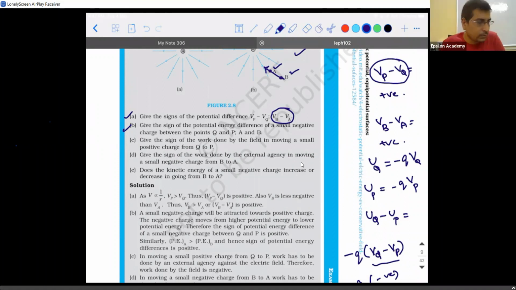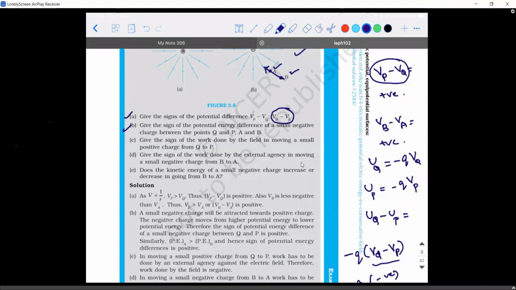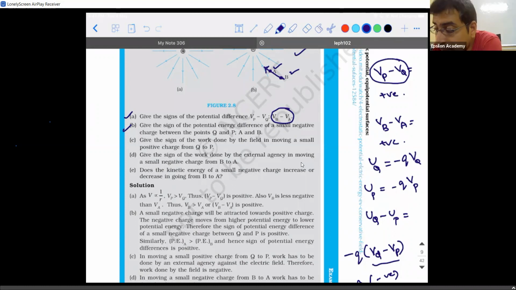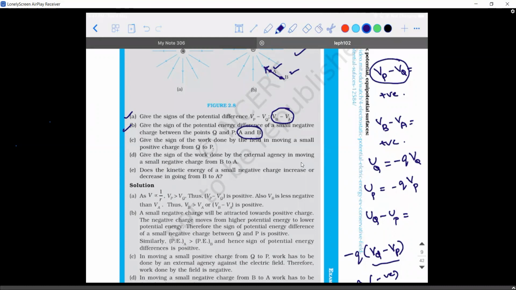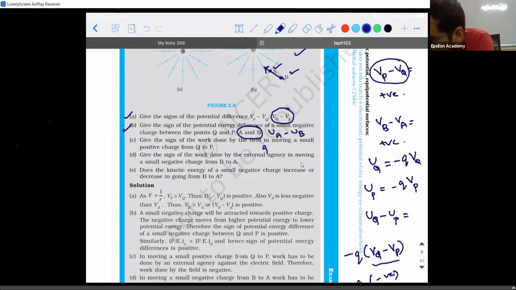Wrong. Why is it negative? They are asking what is the energy difference between A and B. UA minus UB is what is asked. Okay, sir. So UA minus UB will be Q into VA minus VB.